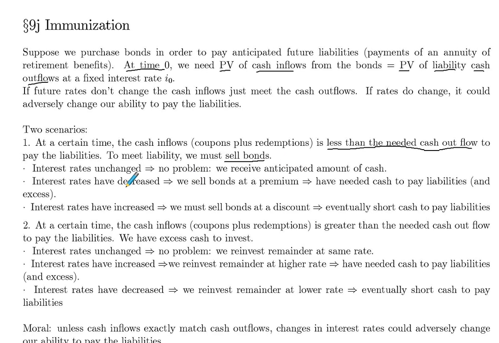If interest rates have decreased, then they're going to sell those extra bonds at a premium, because remember that as interest rates go down, so market rates have gone down, their bonds at a fixed higher rate are now more valuable, so the price of those bonds goes up. So they sell them at a premium. They're going to have all the needed cash to pay the liabilities and some excess. So we're in good shape.